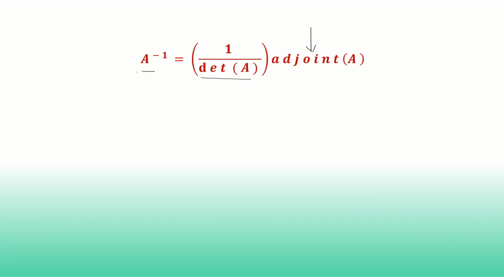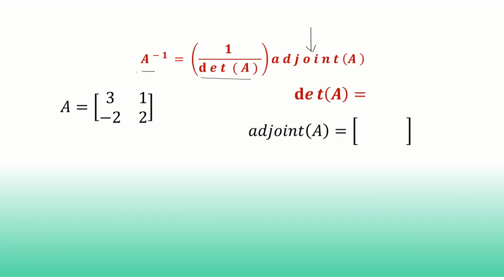Okay, let's begin with this 2 by 2 matrix. Now I want to find the inverse. What do I need? I need the determinant of A and the adjoint of A. How to find the determinant? You know that it's a kind of cross multiplication, keeping the minus sign in between in mind.